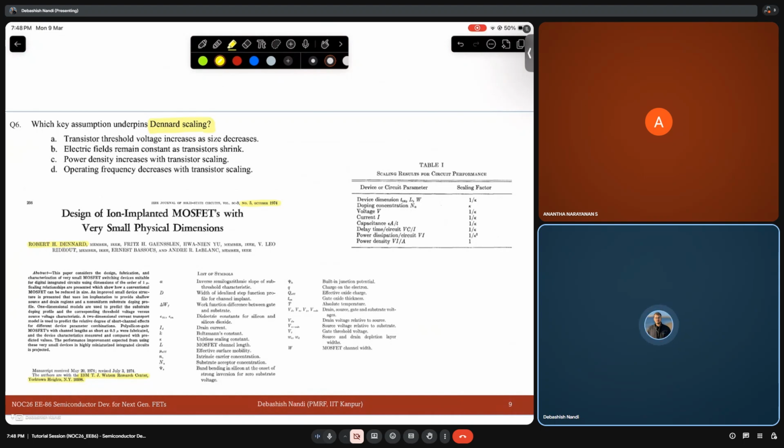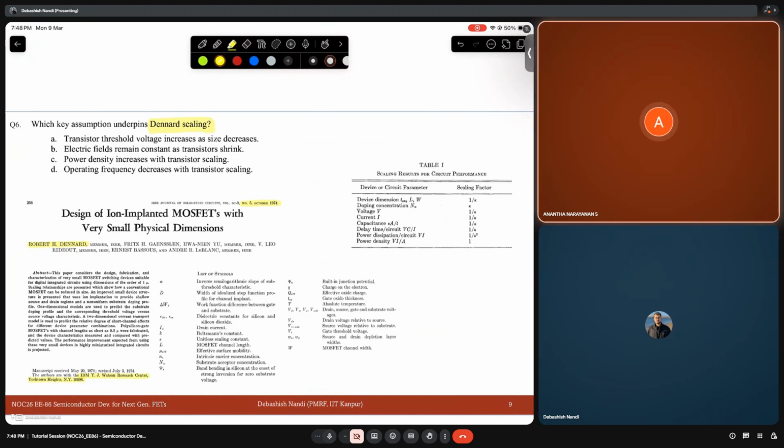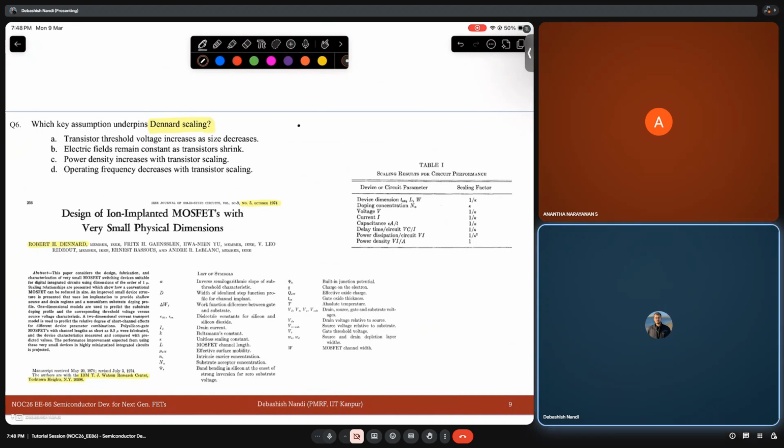You remember in the first class we discussed why scaling is important. We discussed voltage scaling and geometry scaling, right?